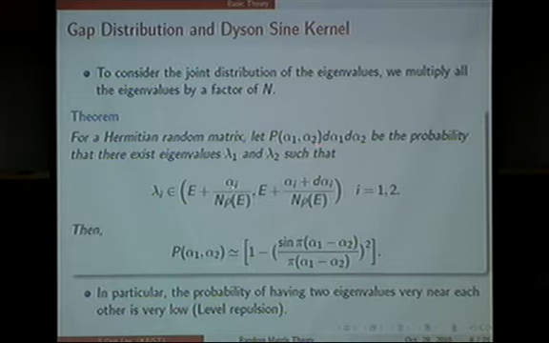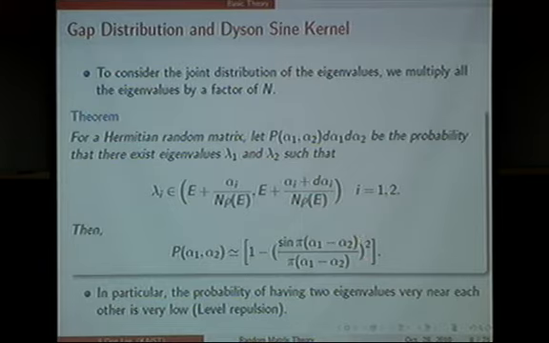So you have a joint distribution where alpha 1 is in a specific interval, and alpha 2 is in another specific interval, a little different from the first one but still very close, because we have the same E here, and n is very large. If you consider the joint distribution like this, then you will get 1 minus sine over this, squared.